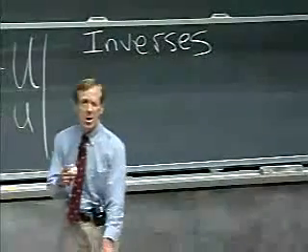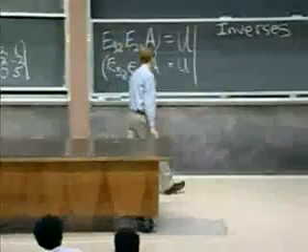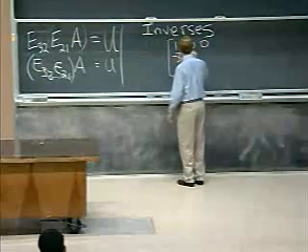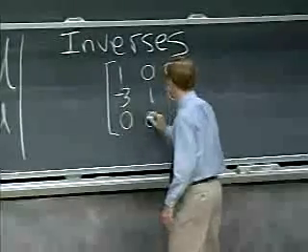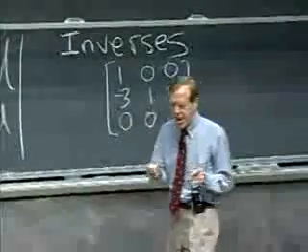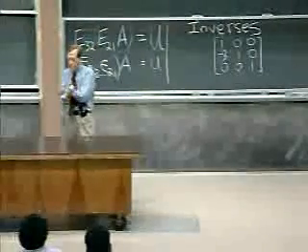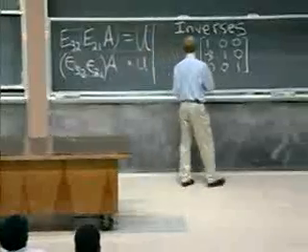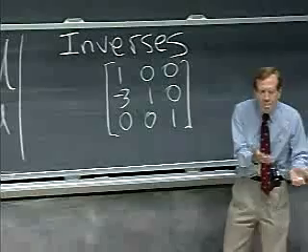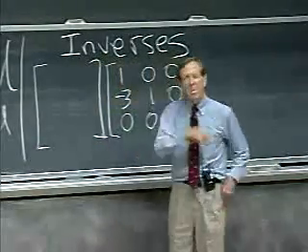Okay, and I'm just going to take one example and then we're done. The example I'll take will be that E. So my matrix is 1, 0, 0, minus 3, 1, 0, 0, 0, 1. And I want to find the matrix that undoes that step. So what was that step? The step was subtract 3 times row 1 from row 2. So what matrix will get me back?